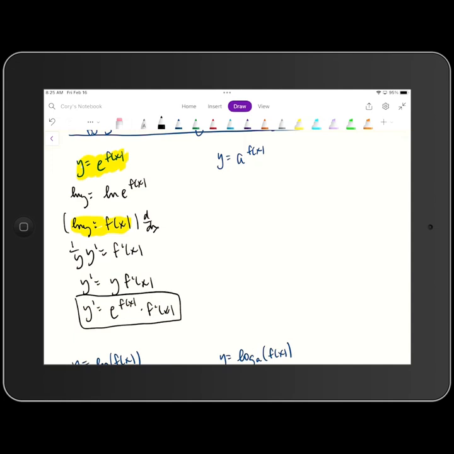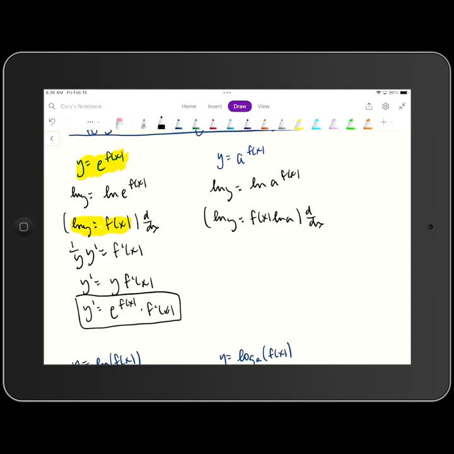Now we can use the same approach to take the derivative of y is equal to a raised to the f of x power as well, by taking the natural log of both sides. We can then pull the exponent f of x out front as a factor. And then again, we're going to use implicit differentiation to take the derivative of both sides.